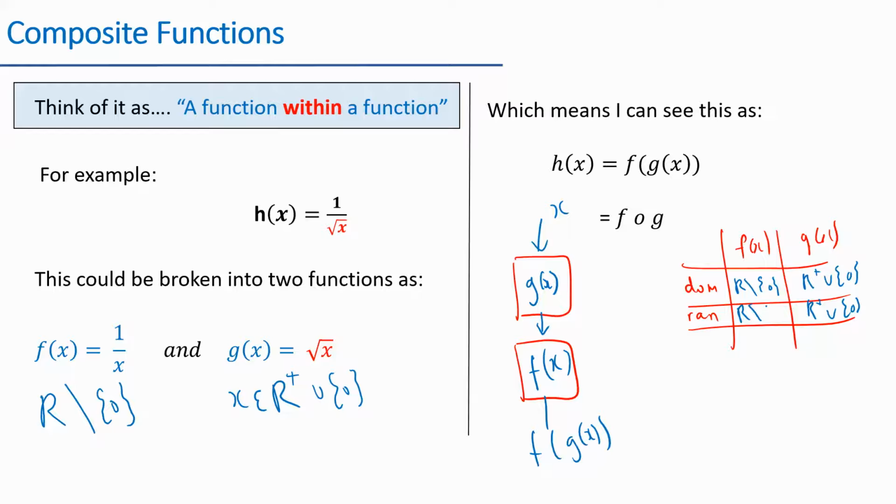All real values except 0. Now we've got our domain, I've got a range. Now let's look at what's actually happening here. The numbers I'm going to put into g of x is the domain. So I already said the numbers I'm going to choose are all positive, including 0. But then if that's my domain for g, remember what's the restriction for f of x? It said it can only be real numbers excluding 0.